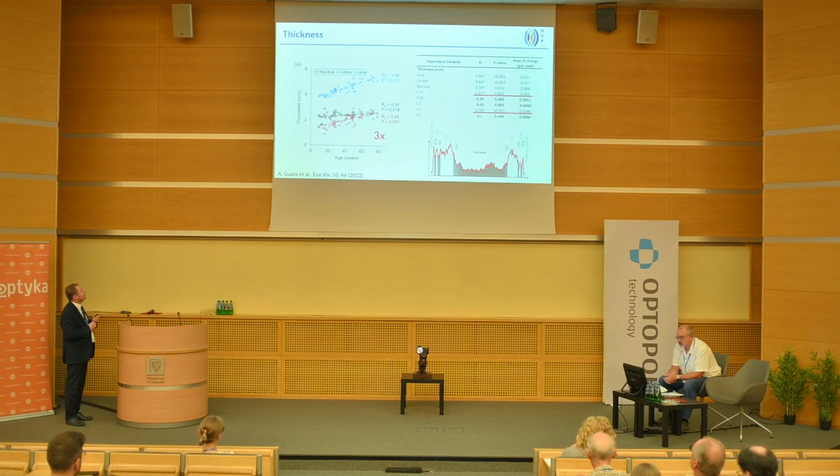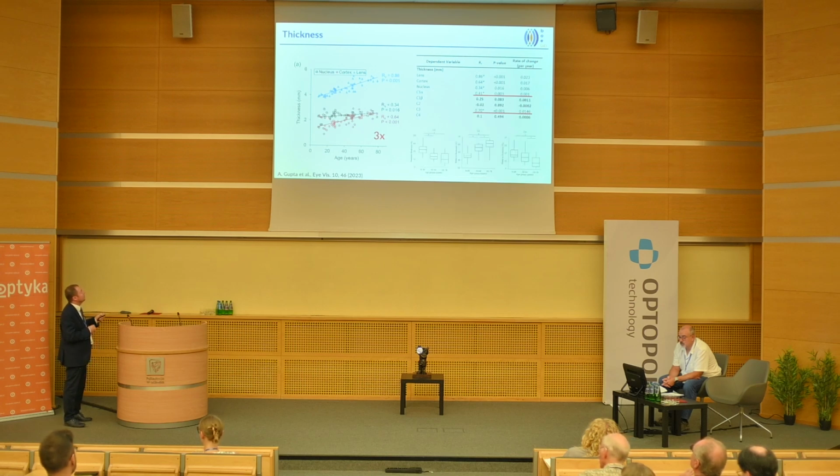As for the thickness, you can see that with age, the thickness of the lens increases. And this is mostly affected by the growth of the cortex. The nucleus doesn't change very fast with age. You can see here that this is a statistically significant change.